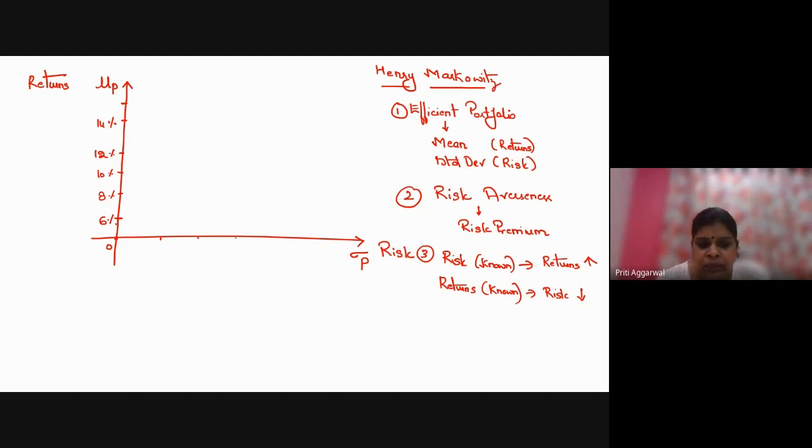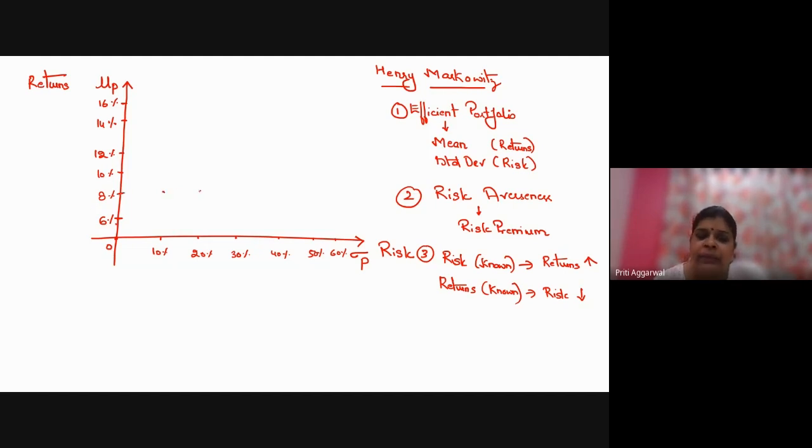And then there are some risk numbers which are known to me, that is 10%, 20%, 30%, 40%. Now let's say this is the information which is known to me. So I am plotting all my returns on the y-axis, and I am plotting all my risks on the x-axis, right?